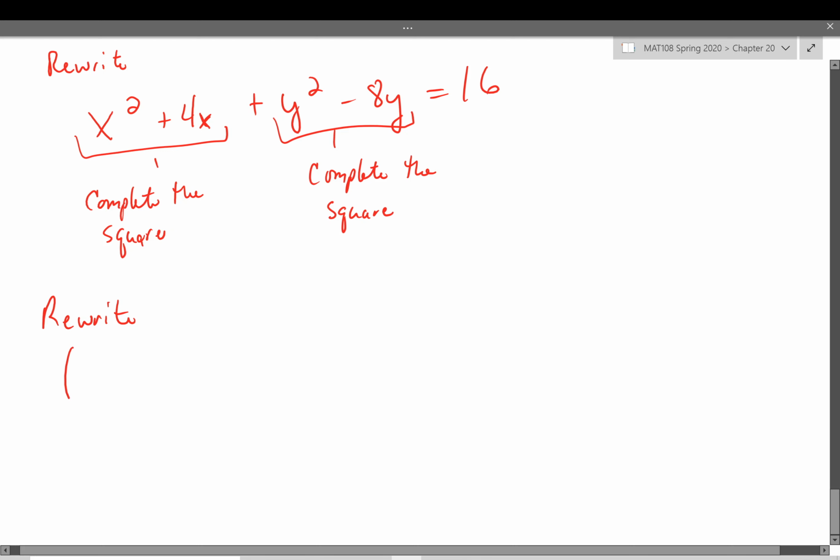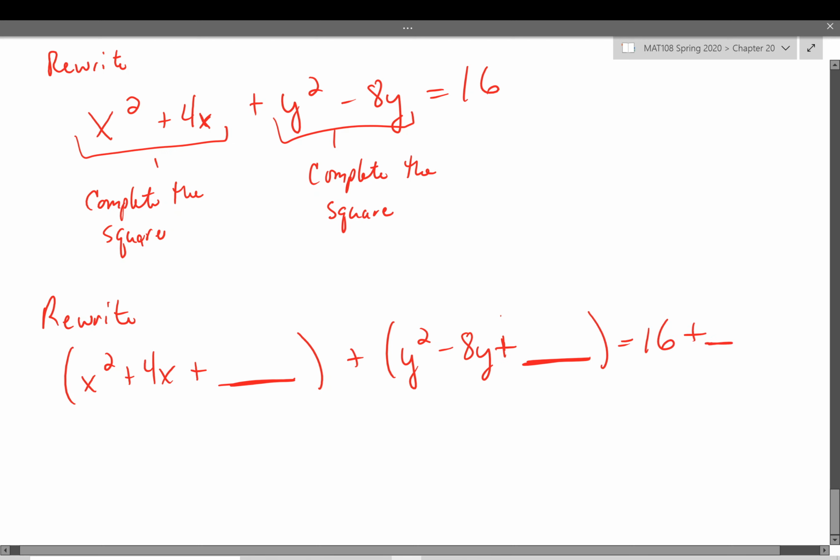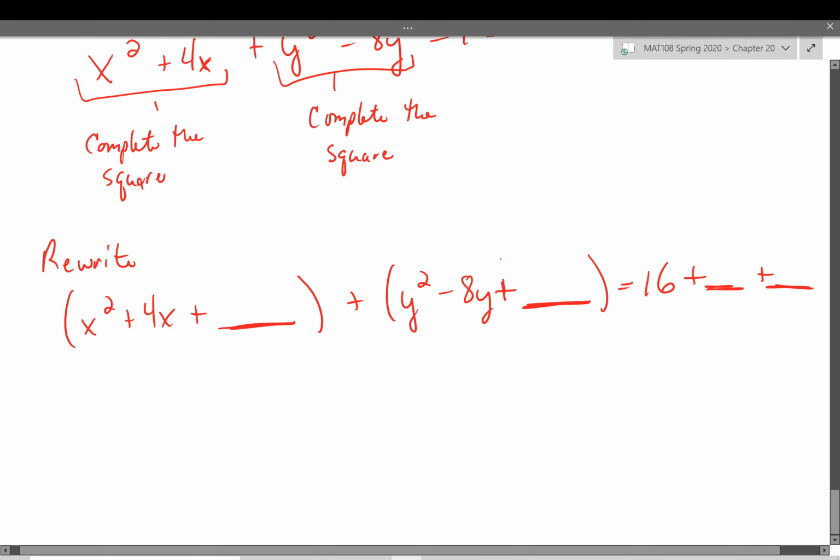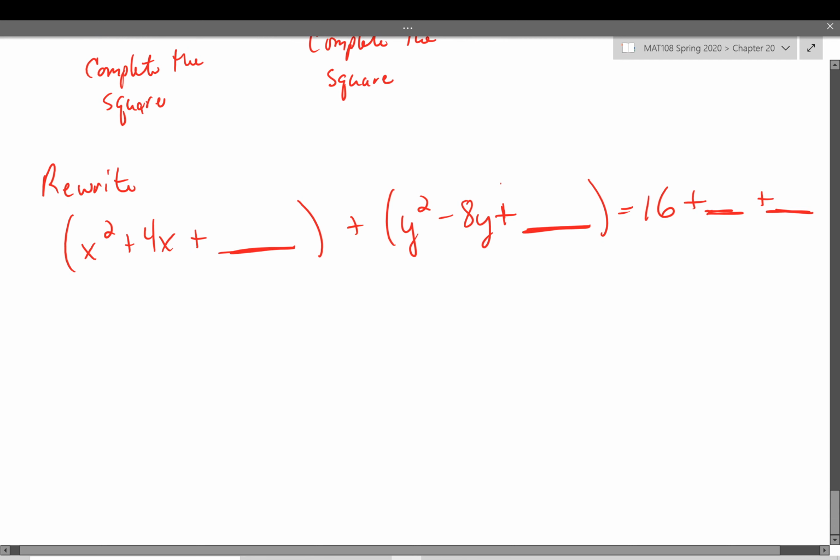Except this time, watch what I do. Okay? So I wrote x squared plus 4x plus, and then I put a space, and then I wrote y squared minus 8y plus a space, okay? And I put them in parentheses.